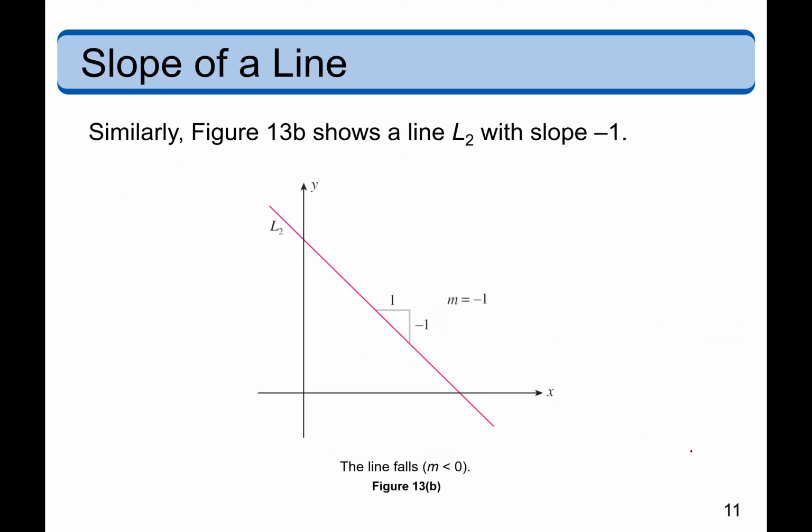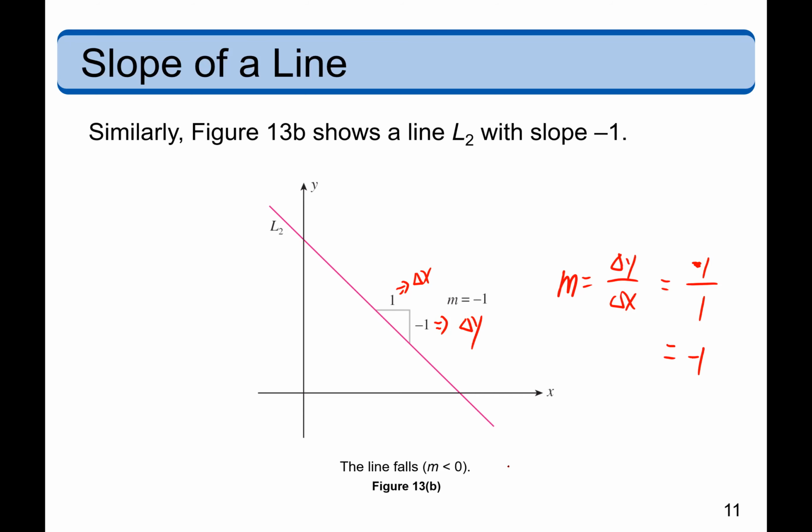Right here, this is a decreasing line because the vertical change is -1. This is delta y. So delta y equals -1, delta x equals 1. Slope equals delta y over delta x, so it's -1 over 1, and that's why the slope is -1. As you can see, the overall trend of this line is going downward.